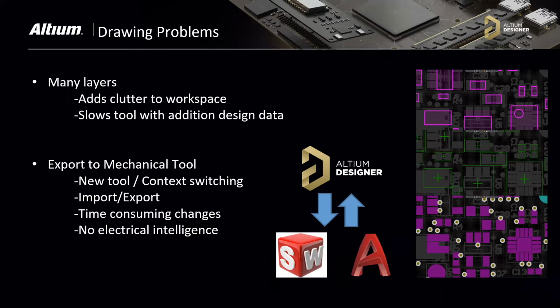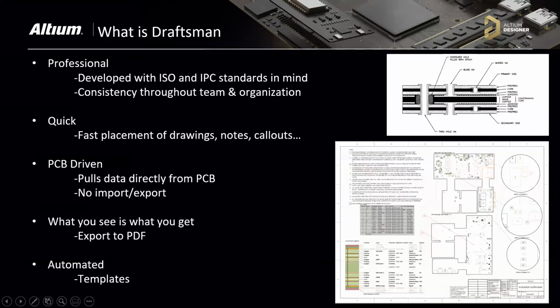So now we have the Draftsman tool, and we want to see what Draftsman actually is. Draftsman solves all those problems which I spoke about on the previous page. Draftsman is a professional PCB drawing tool capable of handling any level of required documentation.